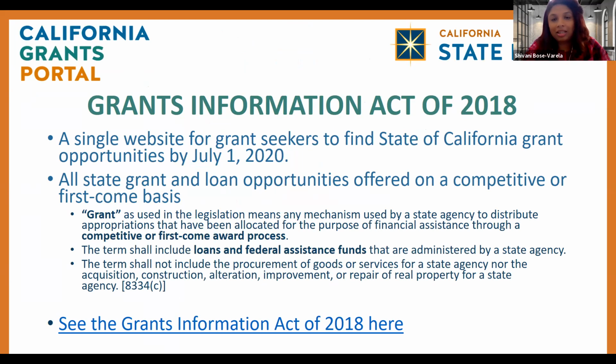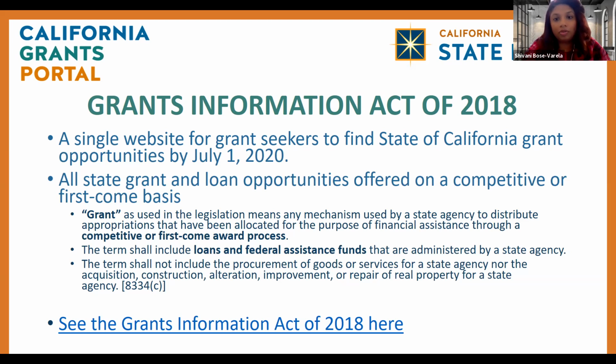It is anything that is competitive and first come award process, including loans and federal assistance funds. It does not include procurement of goods and services that the state agencies do for construction, alterations, improvements, all those different things. So there's a specific definition around that. It doesn't mean that it has all grant opportunities. It has all competitive and first come award process.